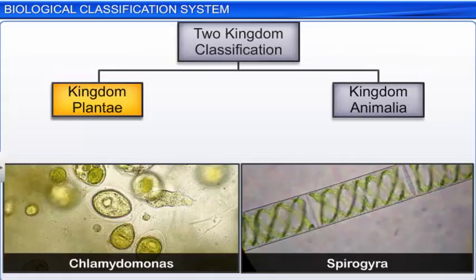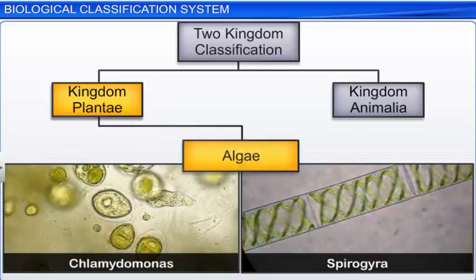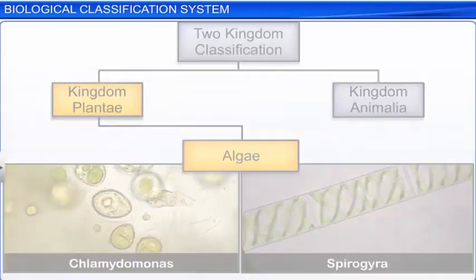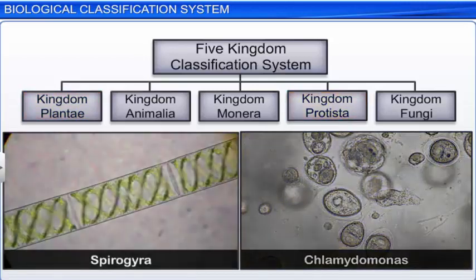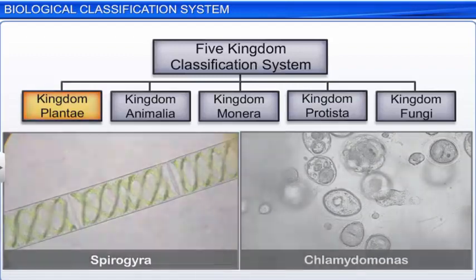Previously, unicellular Chlamydomonas and multicellular Spirogyra were placed together under algae in Kingdom Plantae. However, in the new classification system, Chlamydomonas moved to Kingdom Protista, while Spirogyra remained in Kingdom Plantae.